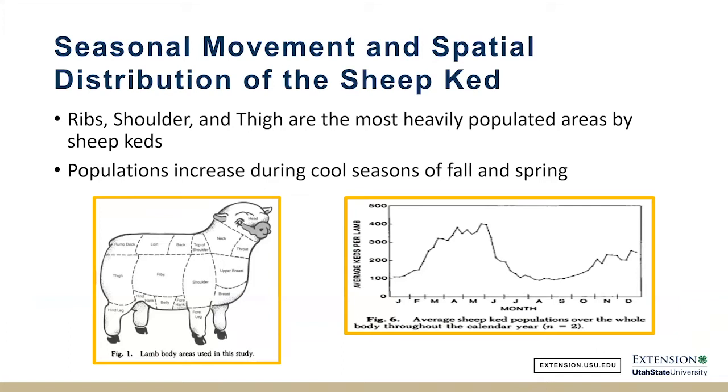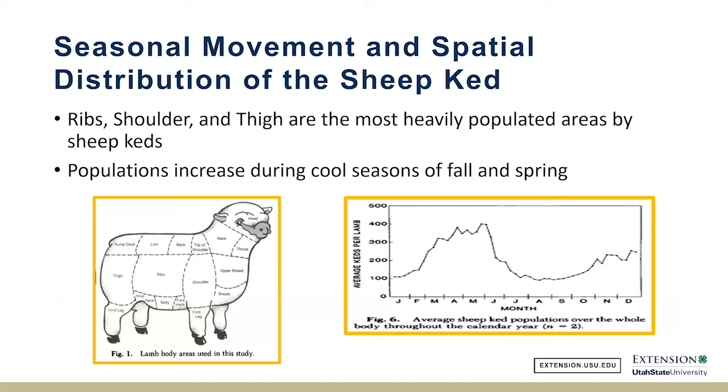Here's a really good study that was done looking at the seasonal movement and spatial distribution of the sheep ked. A study that was done on Wyoming sheep saw that the sheep keds liked to populate mainly on the ribs, shoulder, and thigh of the animal.